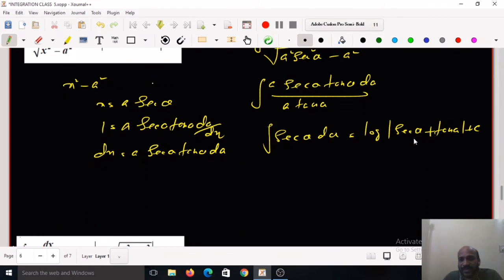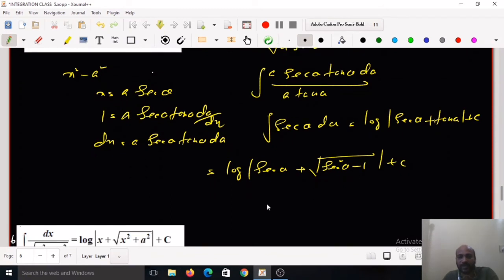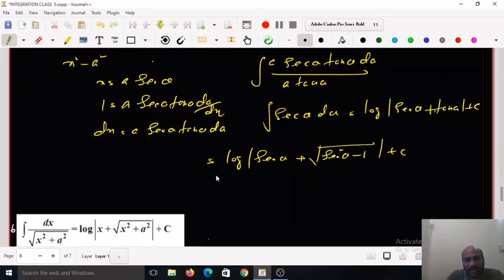So the value of sec theta is x by a. Tan you have to express in terms of sec, then only we can express the answer in terms of x. So this is log mod sec theta plus tan theta, and tan equal to root of sec square theta minus 1. Now we can substitute the value of sec theta.